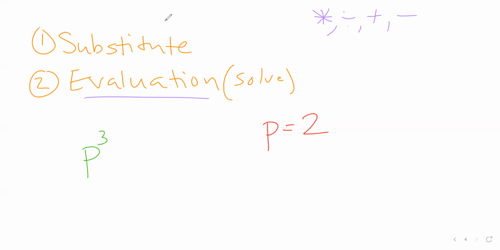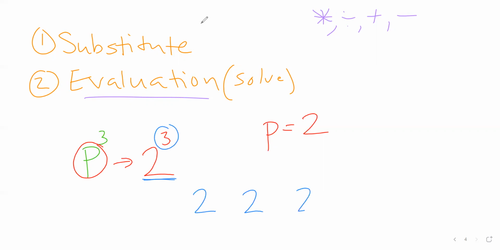So I'm going to substitute. I'm going to rewrite this. So instead of p, I have 2. And that's the 3rd power. And now I evaluate. Well, remember with exponents, right? What that means is I have my base number 2, and I write it 3 times. 1, 2, 3. And exponents are a form of multiplication.